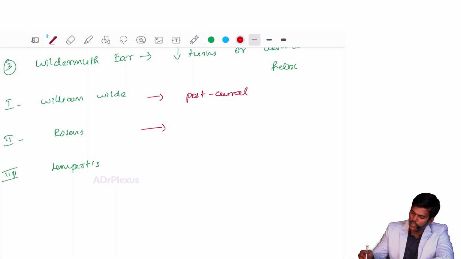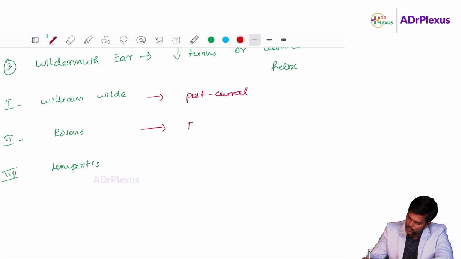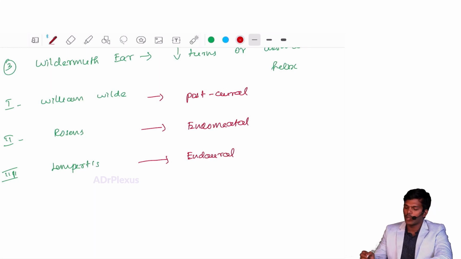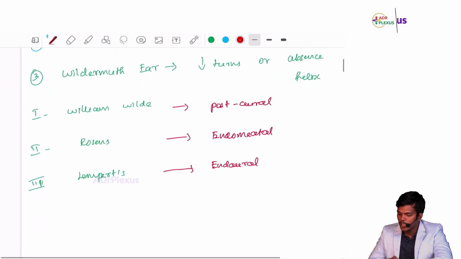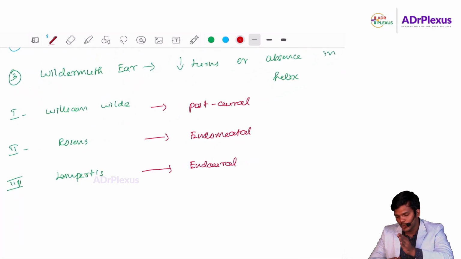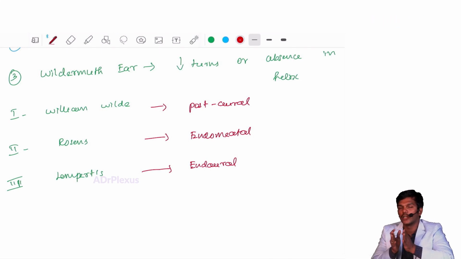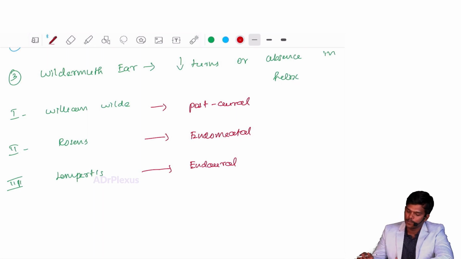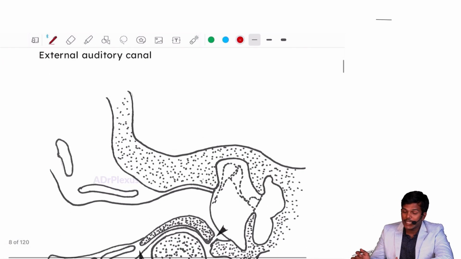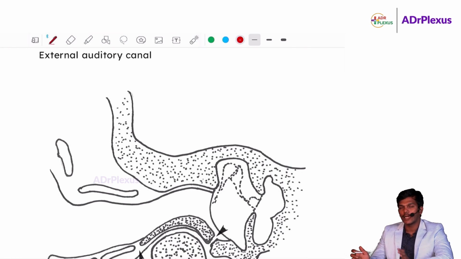Rosen's incision is endomeatal incision. Lempert incision is endaural incision. These are the three incisions that are mainly used for doing surgeries of the ear. Clear? So we have dealt with pinna anatomy and important clinical points.